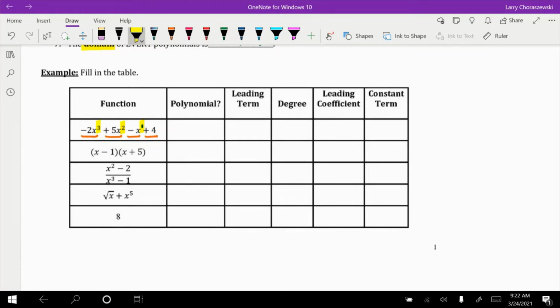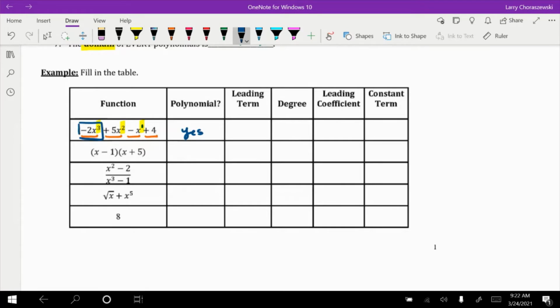Now, it doesn't matter what the numbers in front are, just as long as the powers on x are whole numbers, we're good to go. That would be a polynomial. So, is it a polynomial? Definitely yes. The leading term, you'll notice that this is written in standard form.